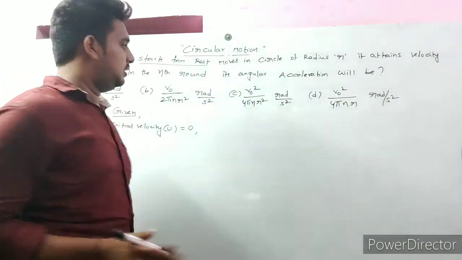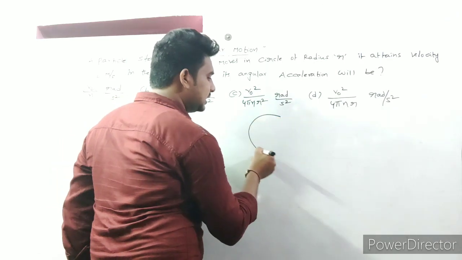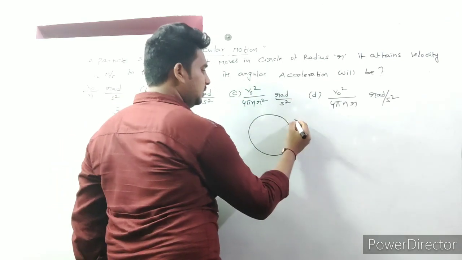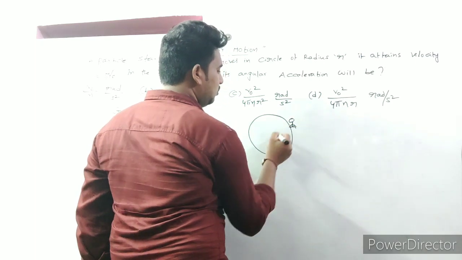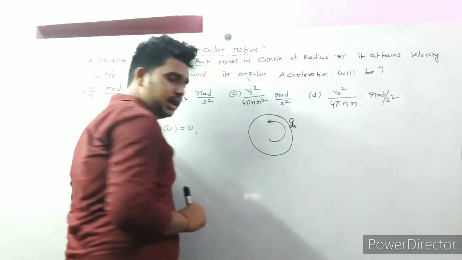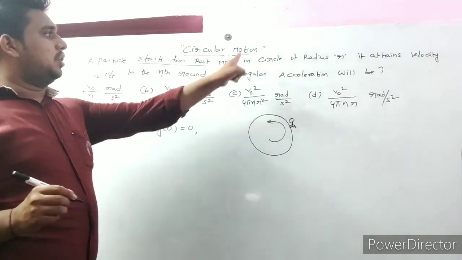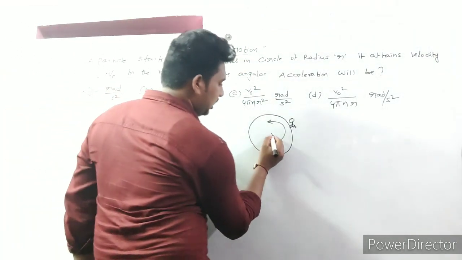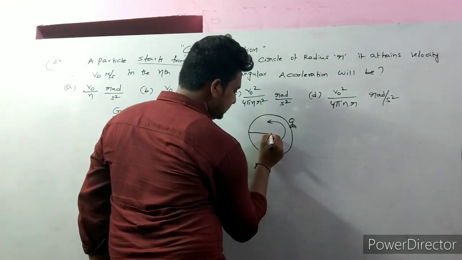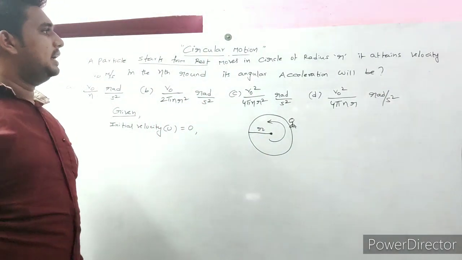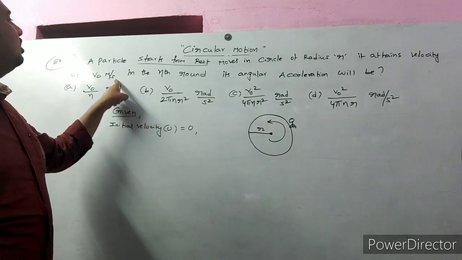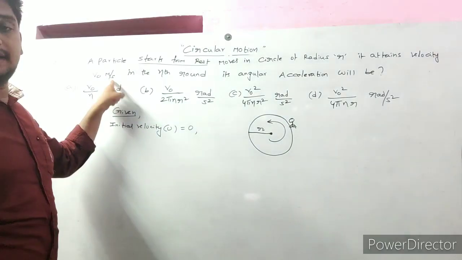Next, it moves in a circle. Consider a circle; a particle, a body or a person moves like this in a circular path. The circle has radius r. It attains a velocity of v0 meter per second.